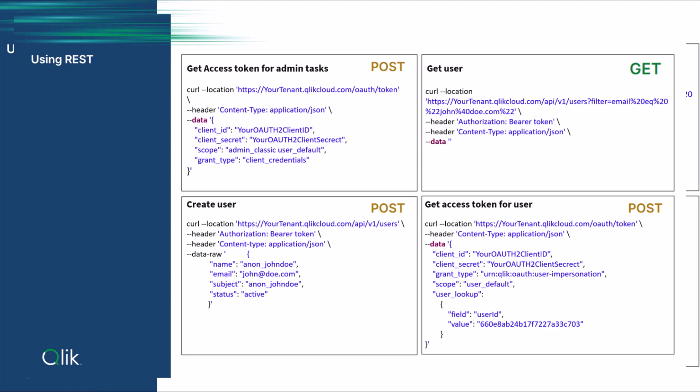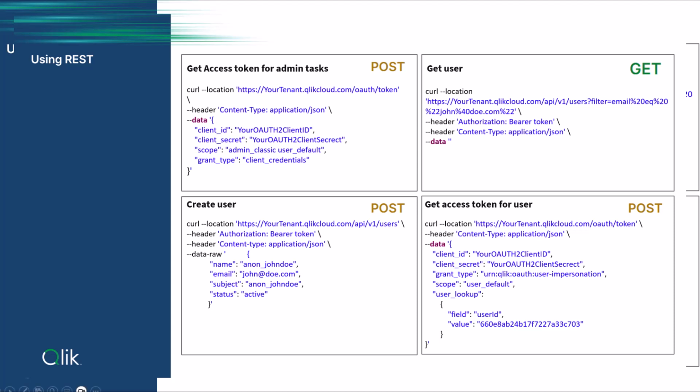So that's the way it works if you are using REST. It's important to note that the get user and create user calls can be done when the user logs into your portal, not even trying to access any visualization at any point.